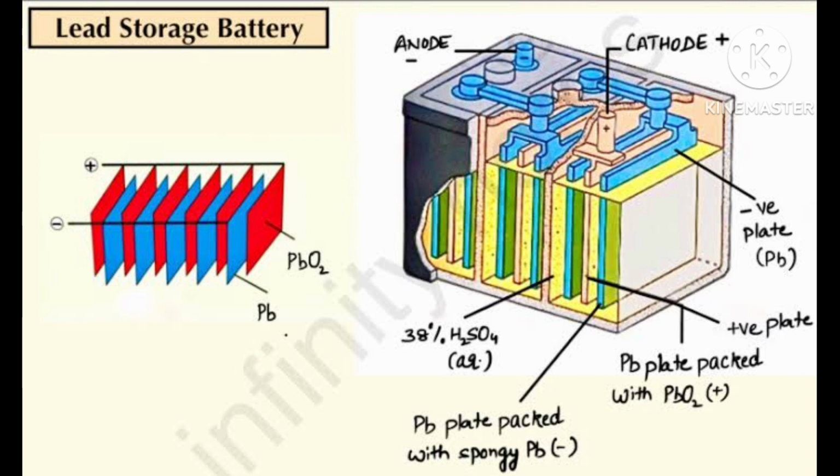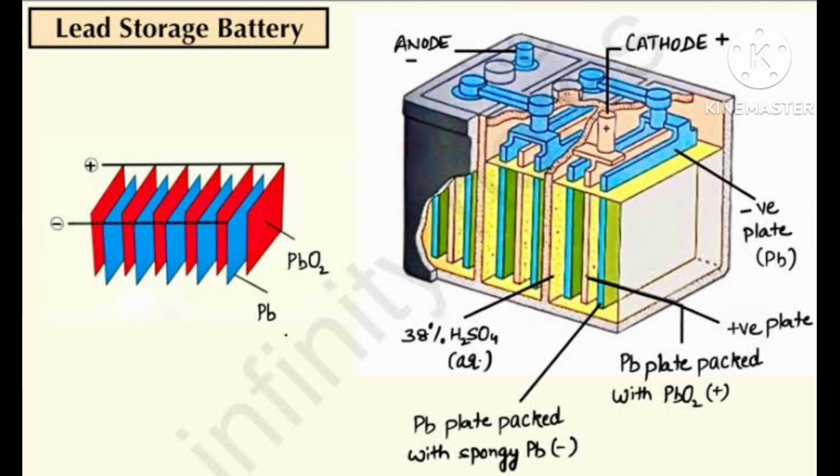In automobiles and inverters, these batteries are used. Again, just think of only three things: what is the anode, what is the cathode, what is the electrolyte. Three things you have to consider. It consists of a lead anode. Lead will function as the anode, and a grid of lead packed with lead dioxide, PbO2, as the cathode.